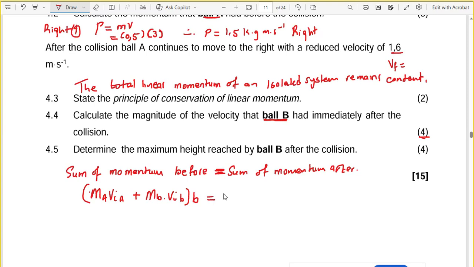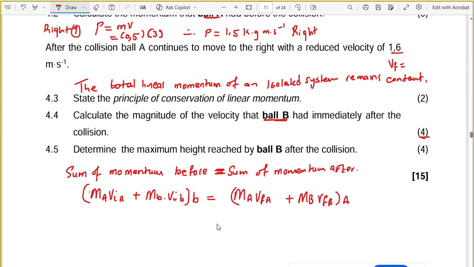Then we equate this with the mass of A times the V final of A, and then we add the mass of B times the V final of B. And this is for after.